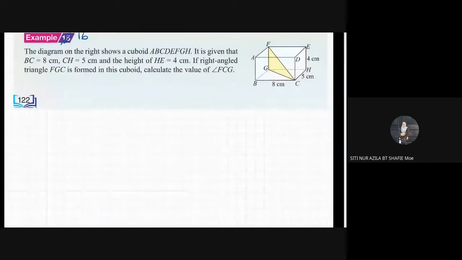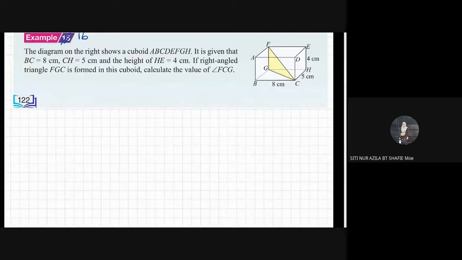Example 16. The diagram on the right shows a cuboid ABCDEFGH. It is given that BC equals 8 centimeter. From here you can see BC is 8 centimeter. CH is 5 centimeter, which means GB also is 5 centimeter.